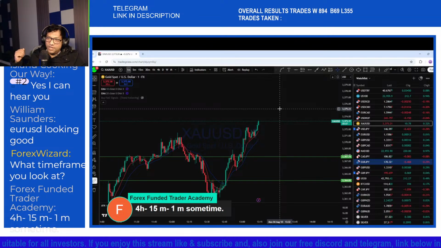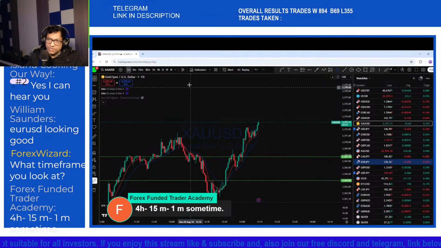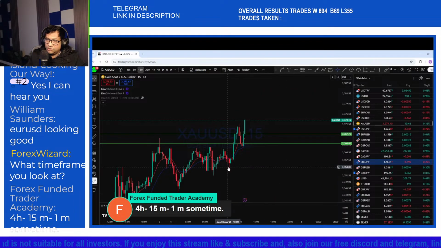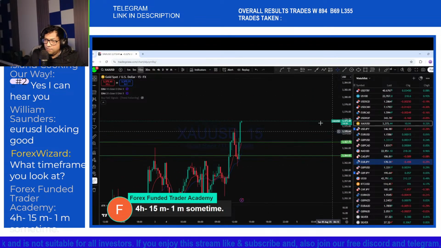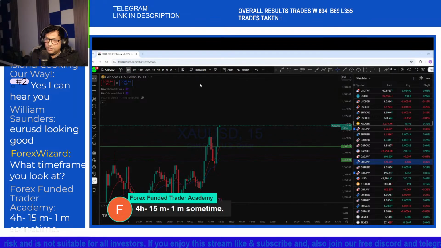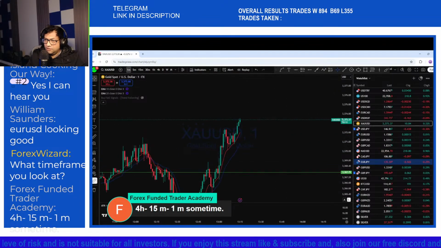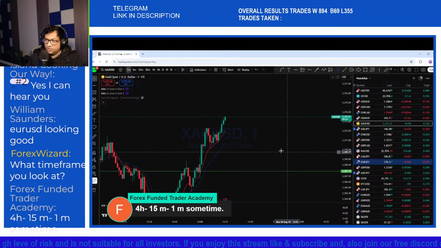So if you look at the gold price here, what we can see from the 15 minutes is that the price has completely broken back to the upside. And on that 1 minute break, you can see the market is maintaining that uptrending market structure here.